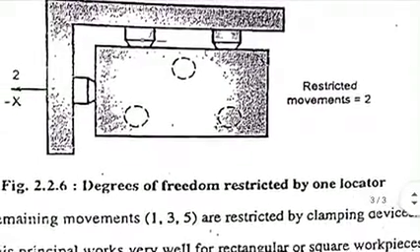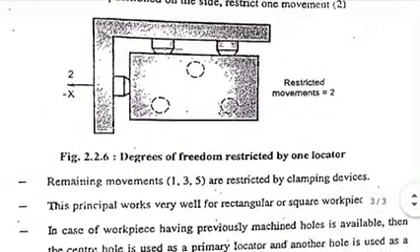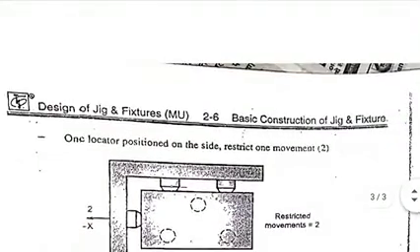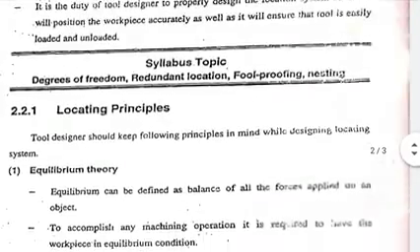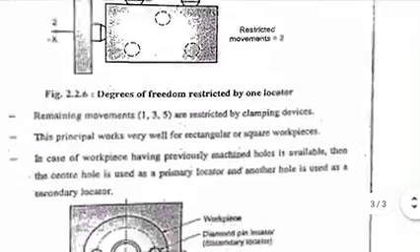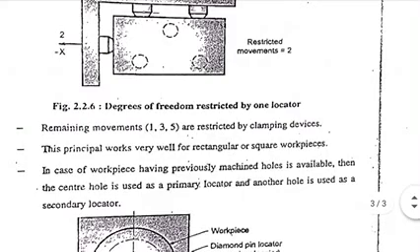Therefore restricted movements have become two. Now degrees of freedom restricted by one locator. Therefore you can see remaining movements 1, 3, 5 are restricted by clamping devices.